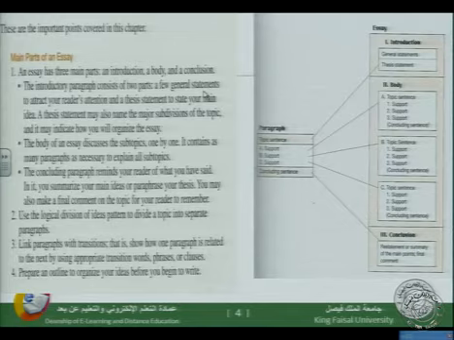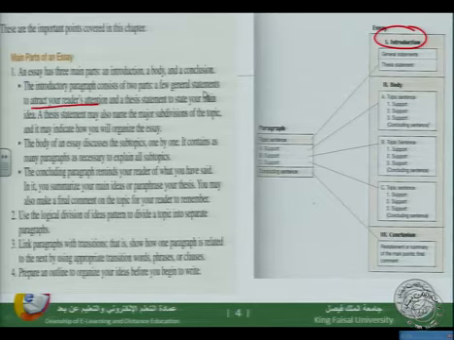Before we move on, let us look at this structure right here. In this one we have the introduction, and the introduction, as we said, consists of 2 things: general statements and the thesis statement. The general statement is to attract your reader's attention, and the thesis statement is to state your main idea.